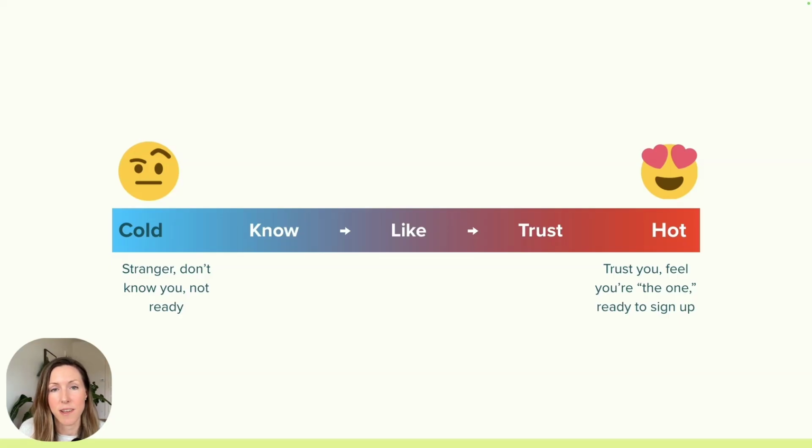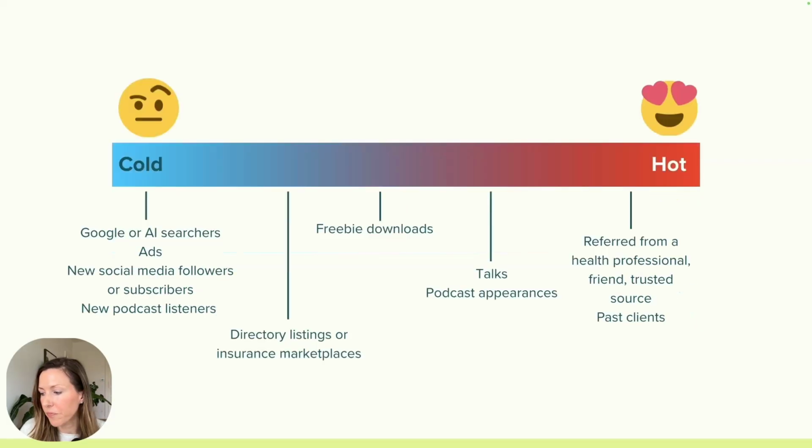It's like they need to resonate with you. And then finally, for them to make a decision, they need to trust you. So before we get into funnels and where they fit into this and how they help support this process of moving people through this continuum, let's talk about the kinds of leads that we get from our marketing and how cold or hot they are.